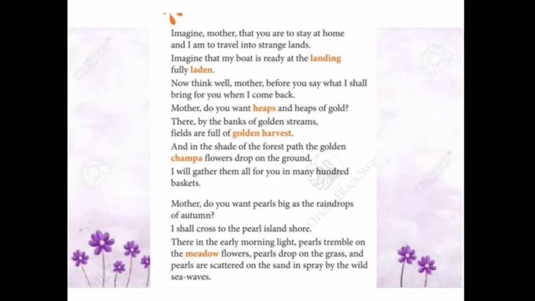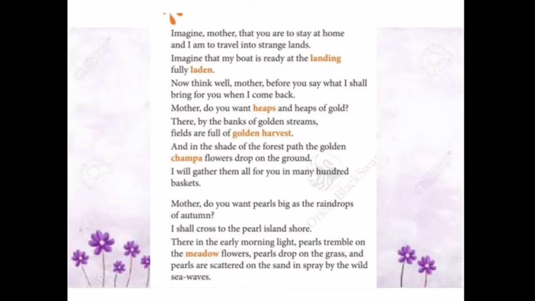First he thought that his mother wanted gold. Then he is also thinking that maybe she wanted pearls also. And he is asking, do you want pearls as big as raindrops? For if you want, I will cross to the Pearl Island shore. In the early morning, the pearls will be shining in the meadow, in the grassland of flowers. The water drops on the grass will look like pearls.